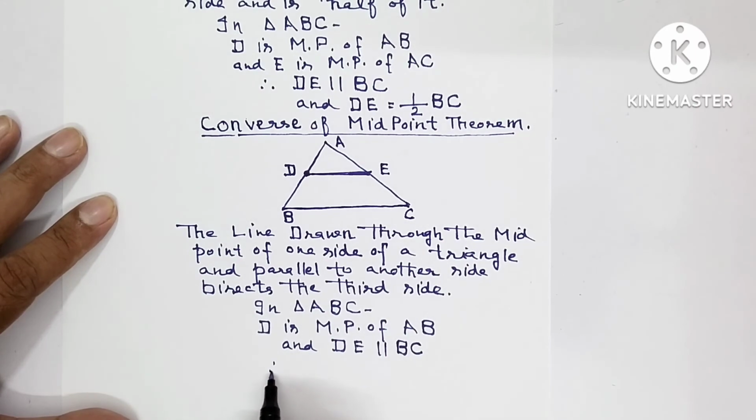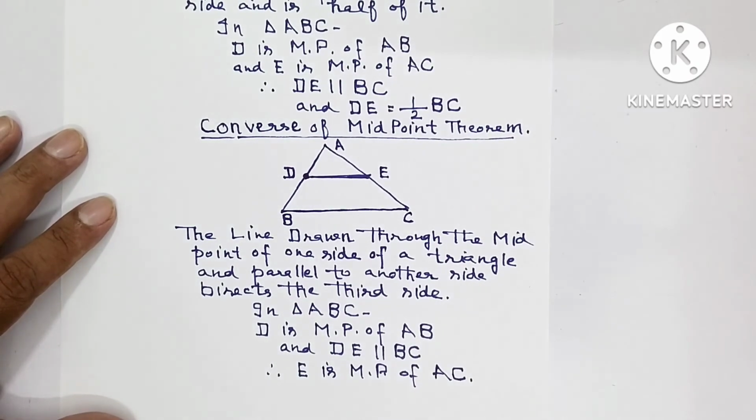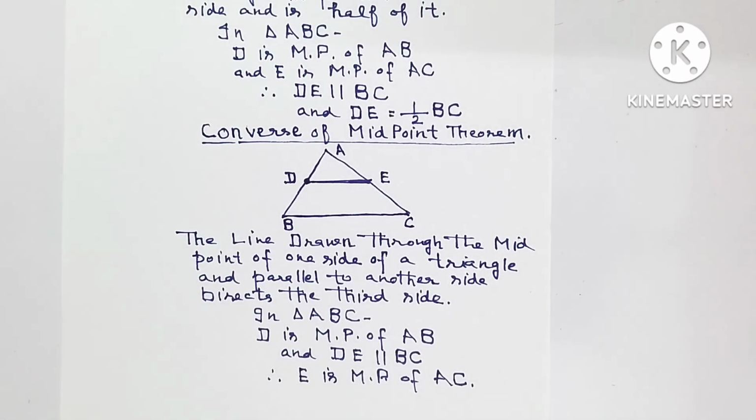So therefore, if we apply the converse of the midpoint theorem, E is the midpoint of AC. So E also becomes the midpoint of AC. So this was the explanation of the midpoint theorem along with its converse.